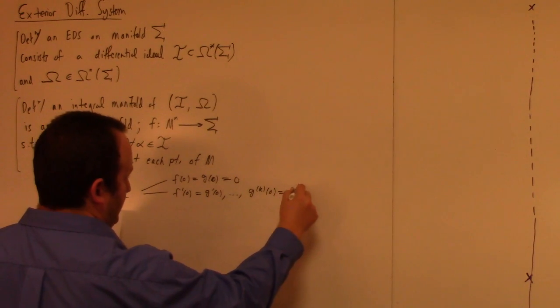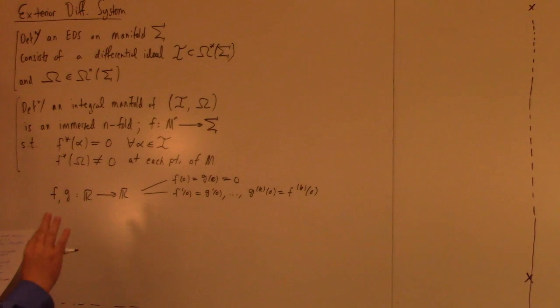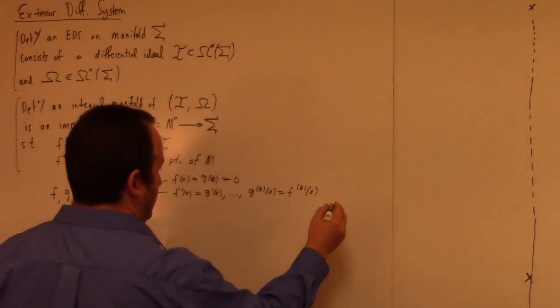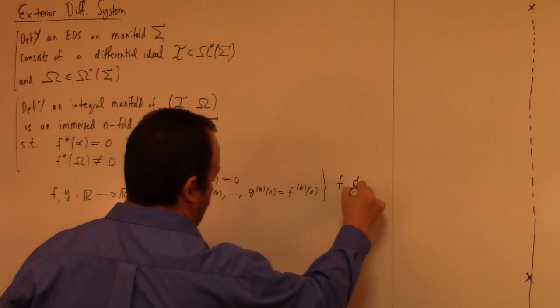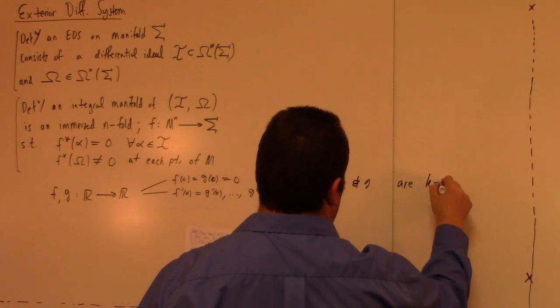Then if you have all these conditions, basically the value of the function and the first k derivatives match up for these two functions, then these are part of the same k-jet at 0. So then f and g are k-jet equivalent.